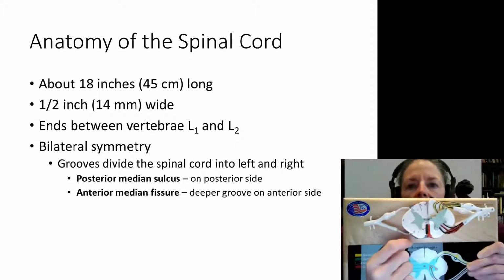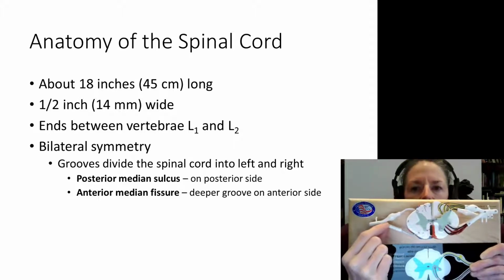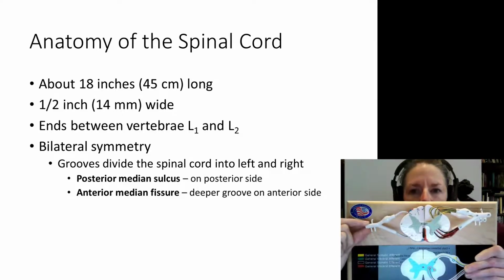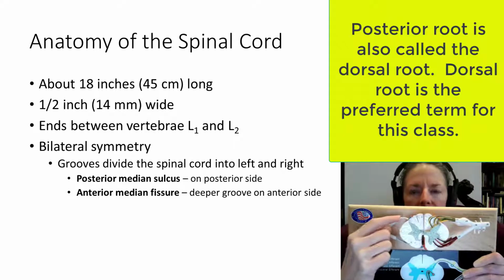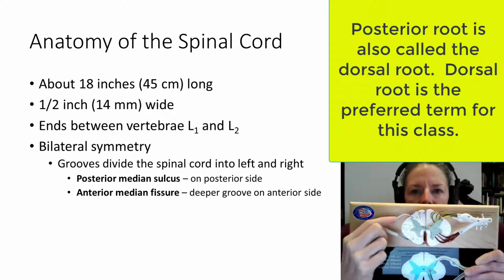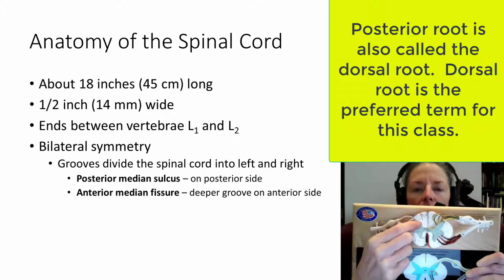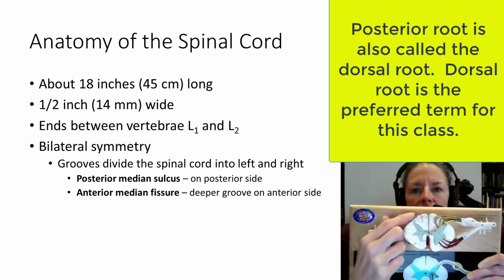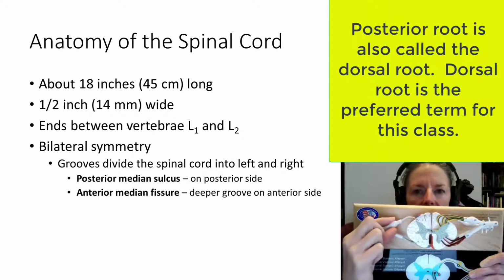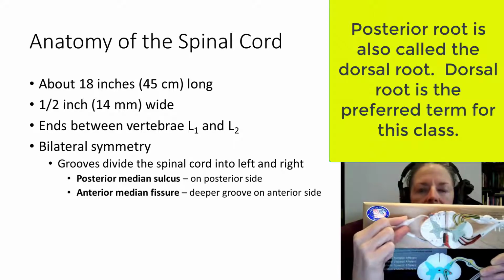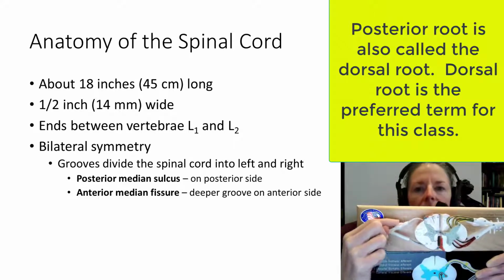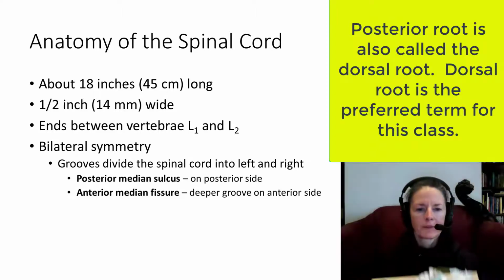So motor commands will be exiting this anterior part of the spinal cord, and this little ventral root will join a spinal nerve. We have a posterior root, which is going to be bringing information into the spinal cord, and this is going to be sensory information. So we have here a dorsal root ganglion, and this is an area where we're going to have neuron cell bodies.